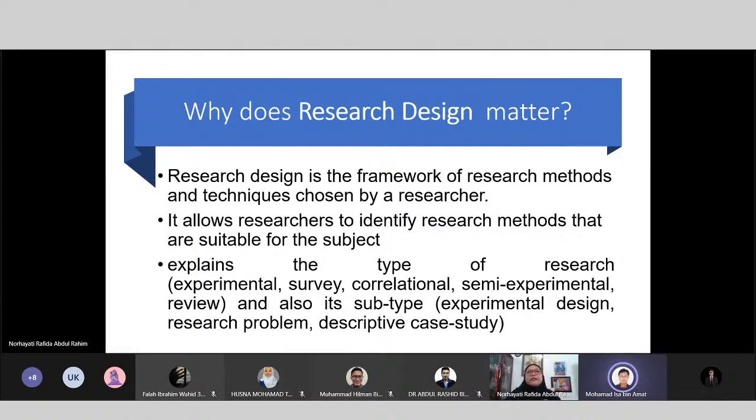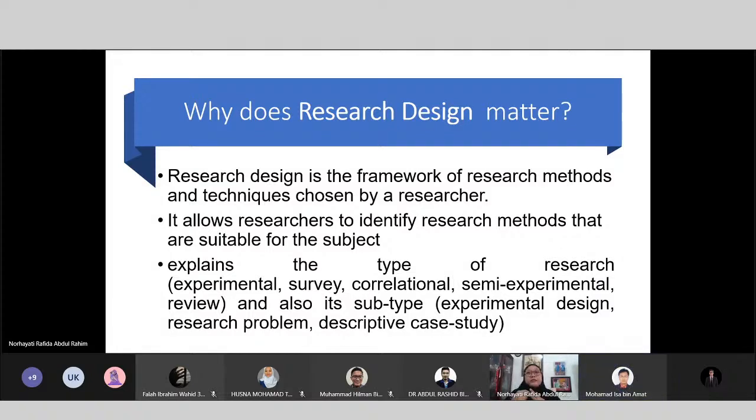Methods start with approach. What approach do you use? This is the first statement that you must introduce when it comes to chapter 3. What is your approach? The answer is qualitative or quantitative.